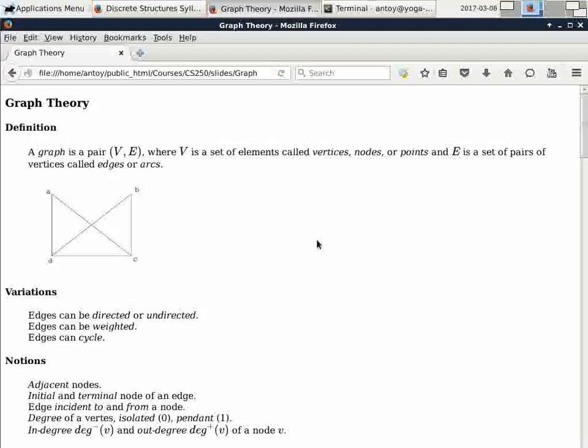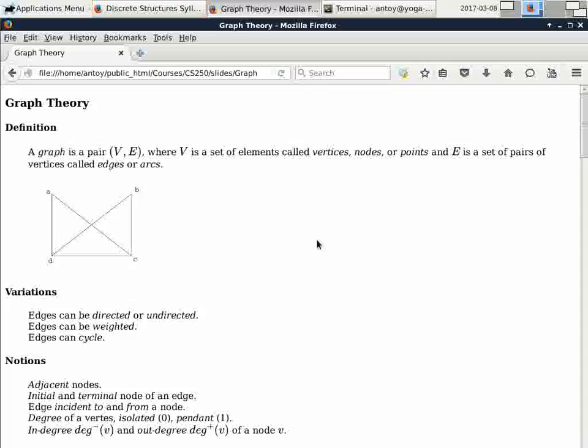Depending on whether it is one case or another, we can make different choices. If it is both ways, there is no first point and second point, so we can put them in a set, because the elements in a set have no order. If there is a direction, we put them in a pair, and we call the first initial and the second final or terminal.